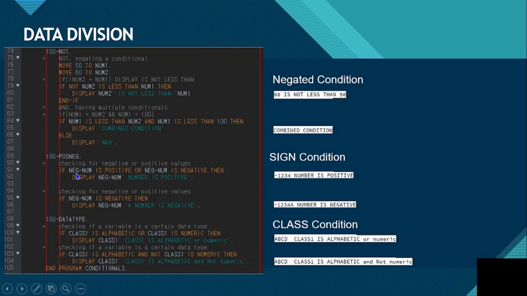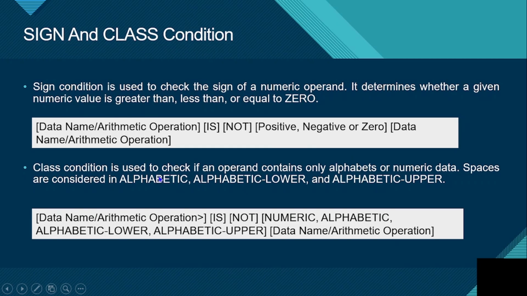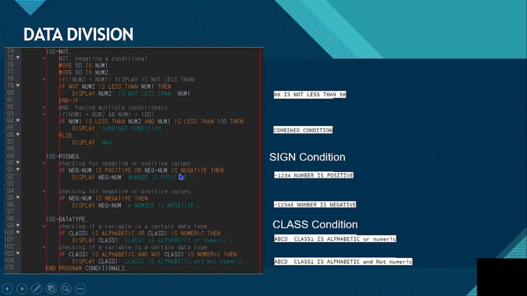Meaning, even if the value here is, for example, neg num, which is a negative value, but since neg num is negative from the second condition, it would return true, since 0 or 1 would always return 1.